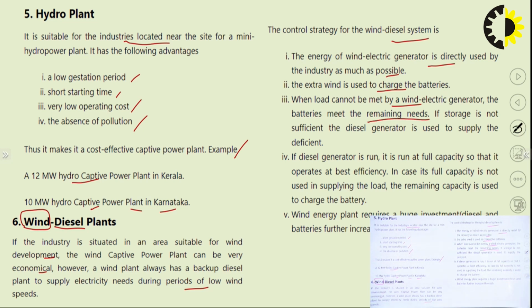If storage is not sufficient, the diesel generator is used to supply the deficit. The diesel generator is run at full capacity so that it operates at best efficiency. In case its full capacity is not used in supplying the load, the remaining capacity can be used to charge the battery. A wind energy plant requires a huge investment, and batteries further increase the cost.